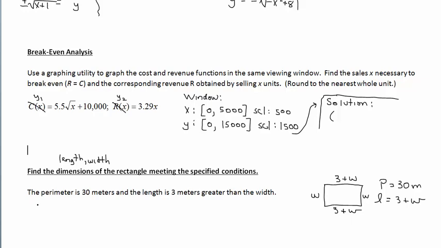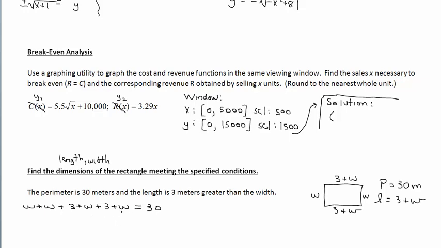All right, and then over here, we know the perimeter means to add all 4 sides of the rectangle together. So I'm going to add my 2 widths, and then I'm going to add my 2 lengths. And the sum of those 4 sides has to equal 30.